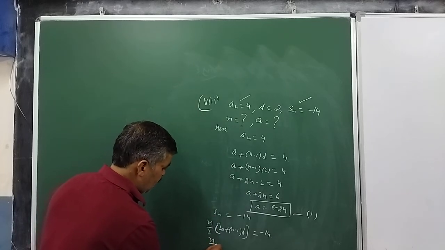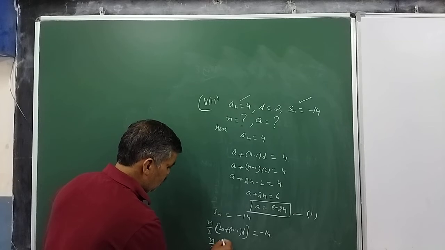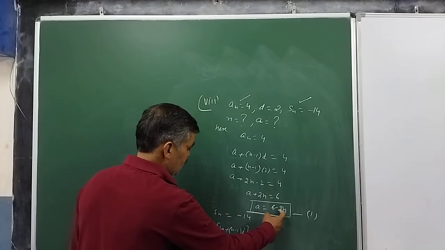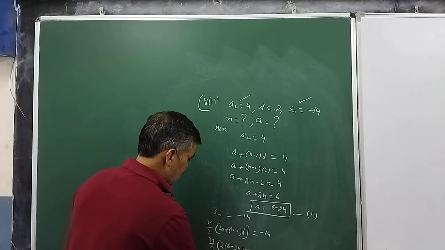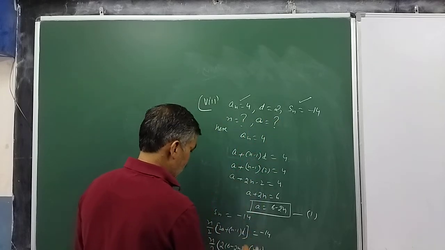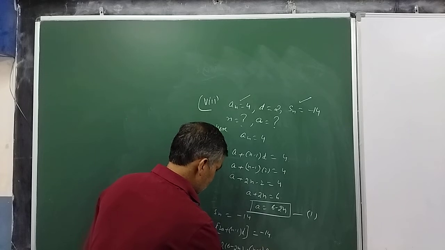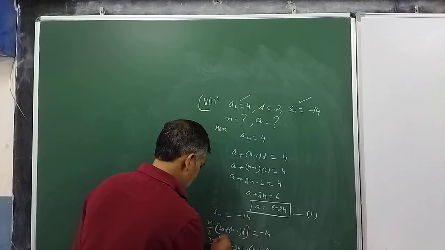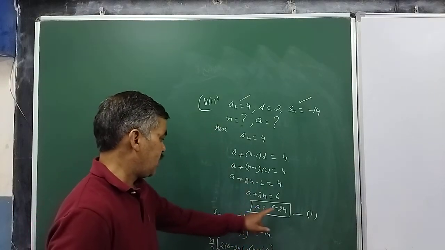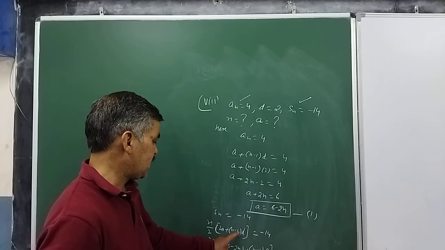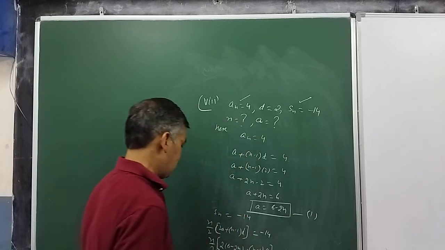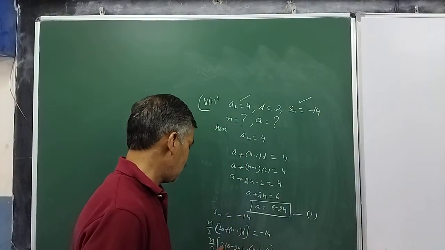So n upon 2 into 2a, 2 into 6 minus 2n, and plus n minus 1, and d is 2, so I will be putting d here again as 2. You can make use of this bracket here. So 2a, 2 into 6 minus 2n plus n minus 1, d is given, this is 2, is equal to 14. Now you can see 2 is here also.